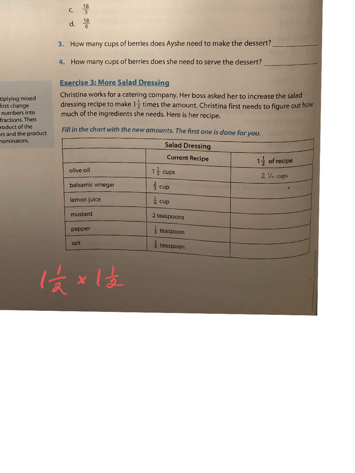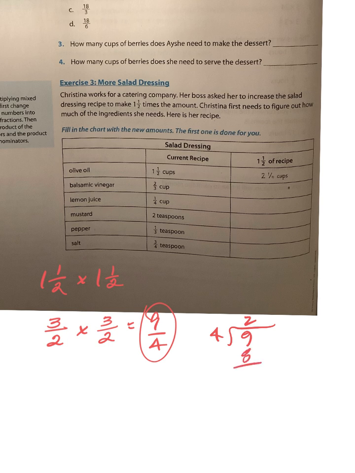So 1 times 2 is 2, plus 1 is 3 over 2, times 3 over 2. Multiply the top number, multiply the bottom number. Okay? So 9/4 cups doesn't really help me. So what I have to do is divide, and I get 2, remainder 1, 2 1/4. So I change it to a mixed number, 2 1/4, and that's what I get there.